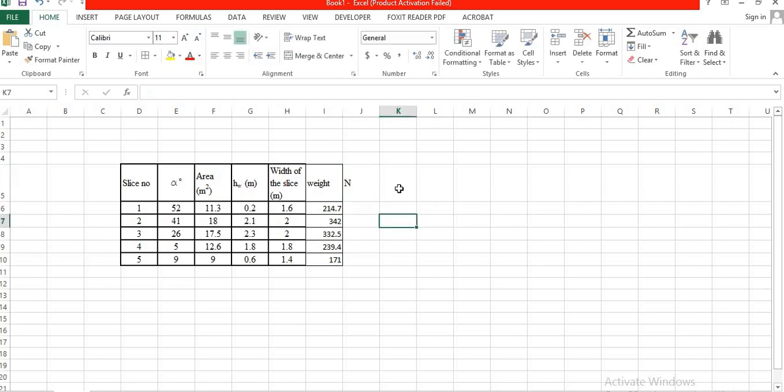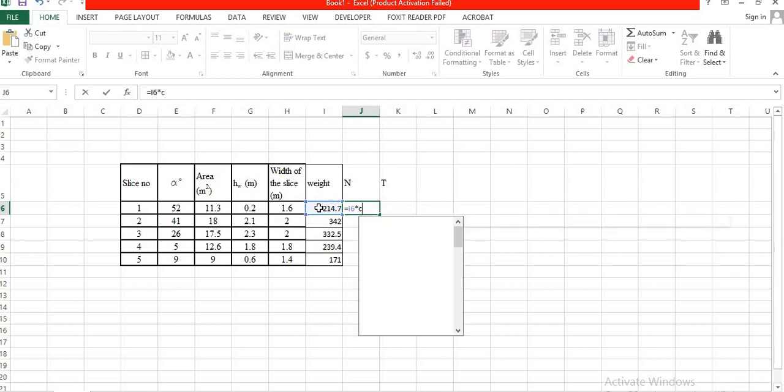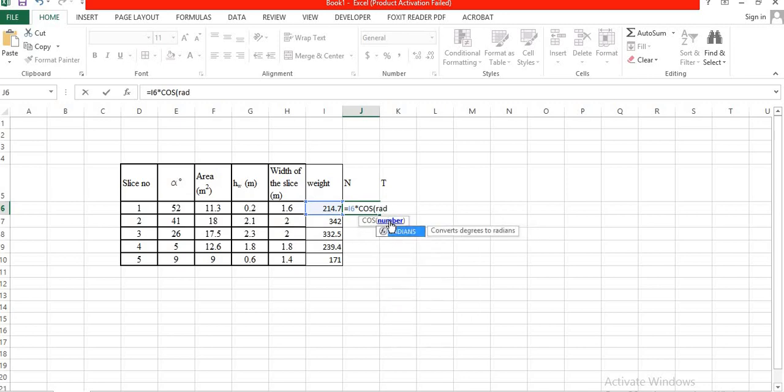To find N, it is W cos alpha, so this should be equal to weight times cosine of alpha, again in radians. If you are using a calculator, you don't need to put the radians.